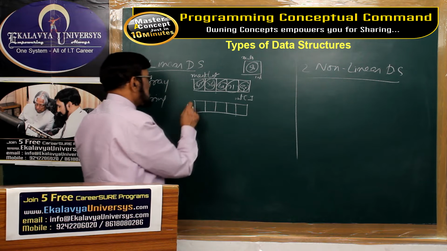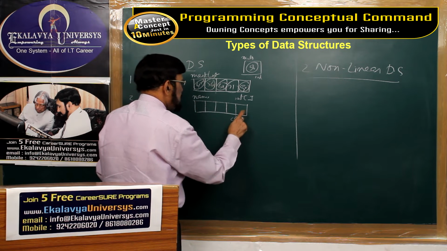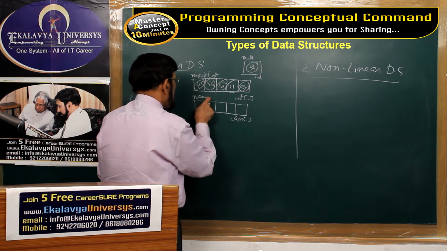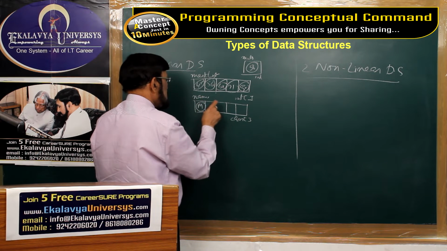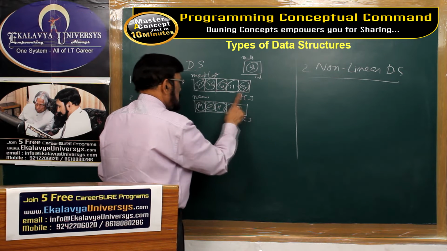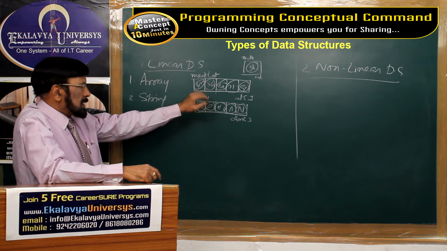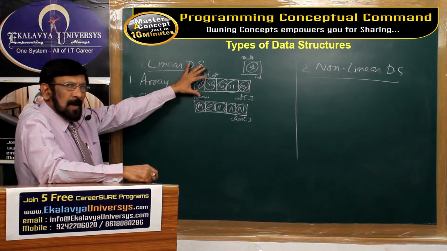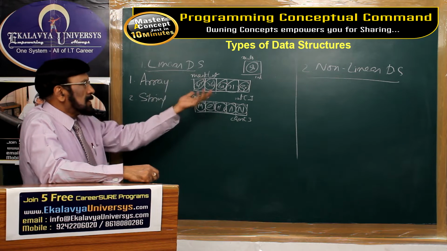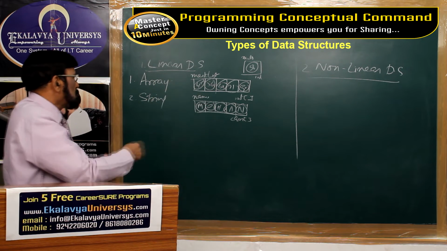As far as string is concerned, like your name, its type is char array. Your name, let us say Mohan, you can store. That is the difference. In string we store only characters. In a marks list, in an array, different, similar data we can store.